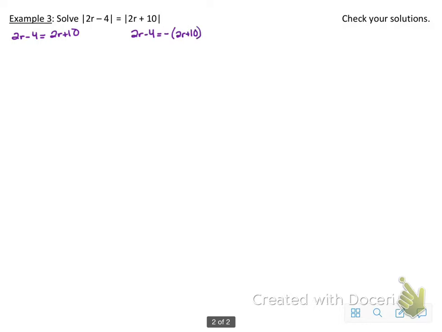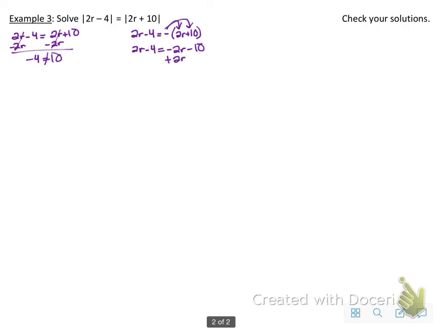Okay, so when I solve this one on the left, I'm going to go ahead and subtract 2r from both sides. Those go away, and negative 4 equals 10. Well, that is absolutely not true. So that's not going to give us any kind of answer at all. On the other side, maybe we'll get something over here. We're going to distribute that negative so that we get 2r minus 4 equaling negative 2r minus 10.